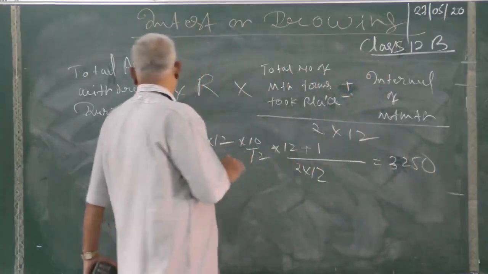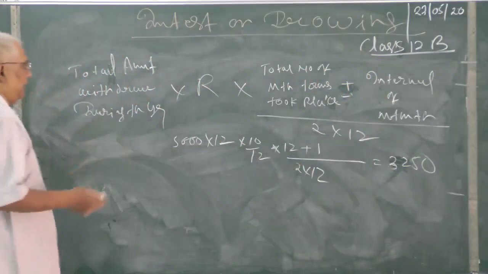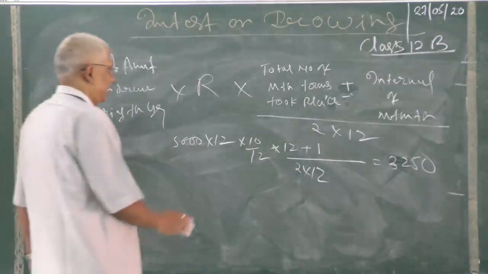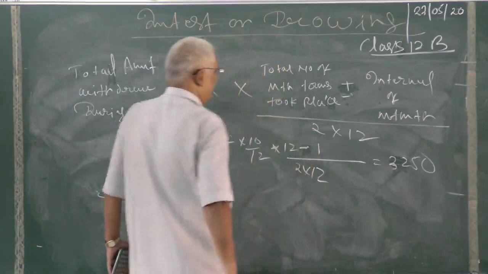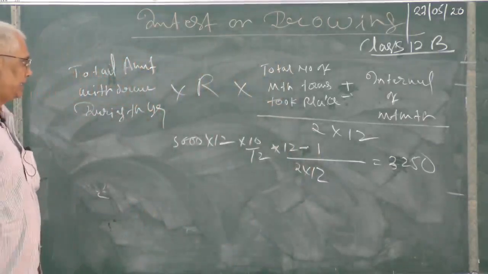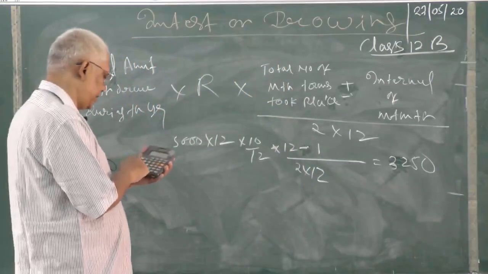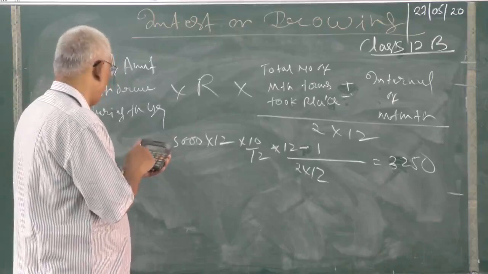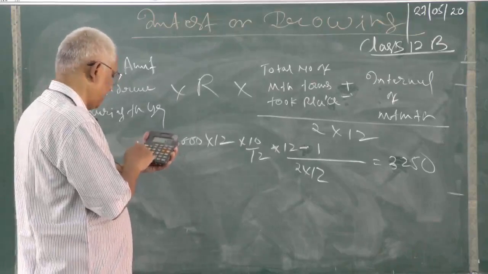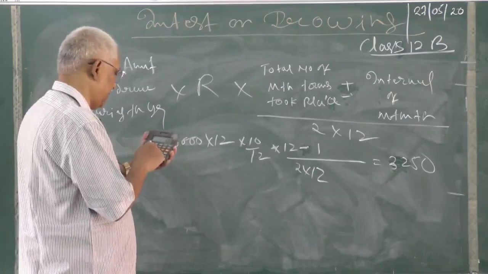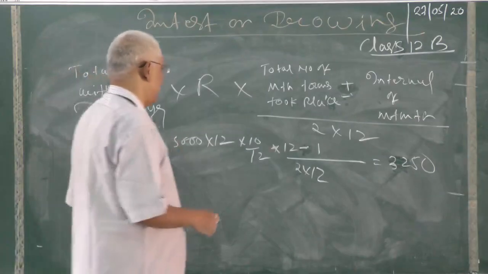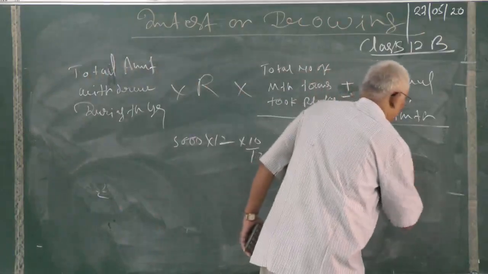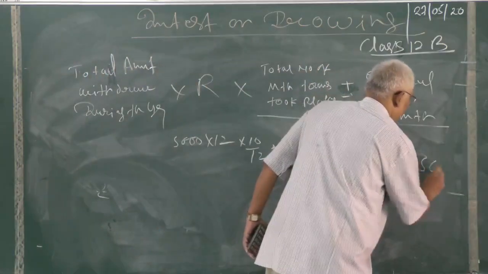Let's take the same example for the end of every month. Here it will be minus instead of plus. Now the answer will be 60,000 into 10% into 11 divided by 24, equal to 2750.